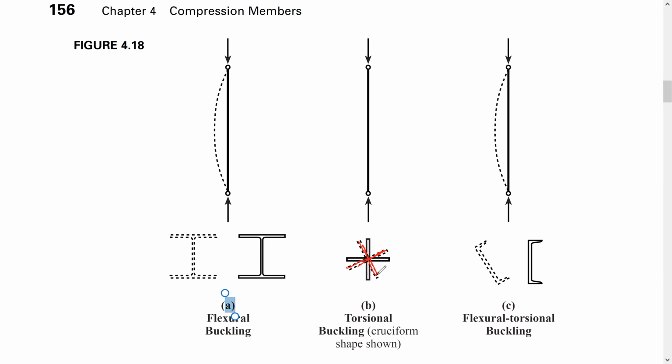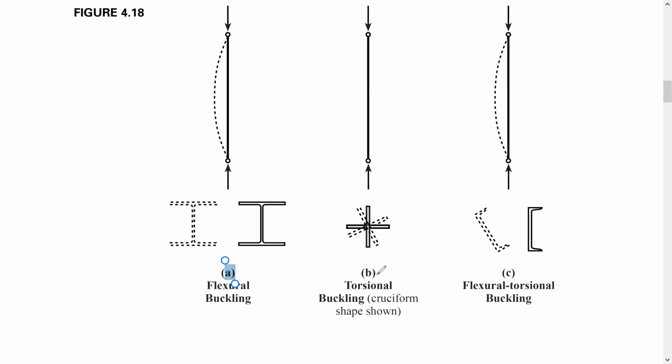The third type, which is this one, is flexure torsional buckling. It's a combination of this type and this type: there is flexure buckling and there is torsional buckling. This type will happen for an unsymmetrical cross section. When I say unsymmetrical, it might have one axis of symmetry or it might not be symmetrical at all.